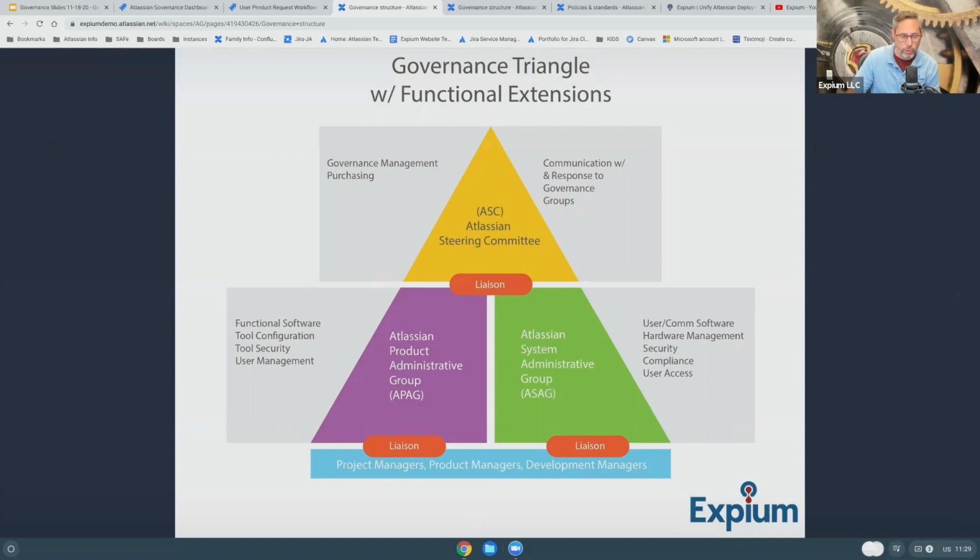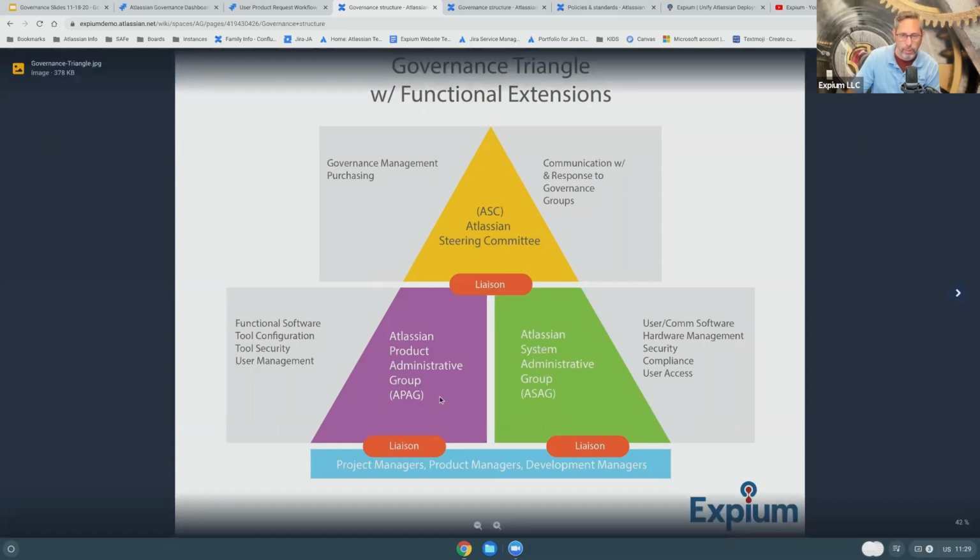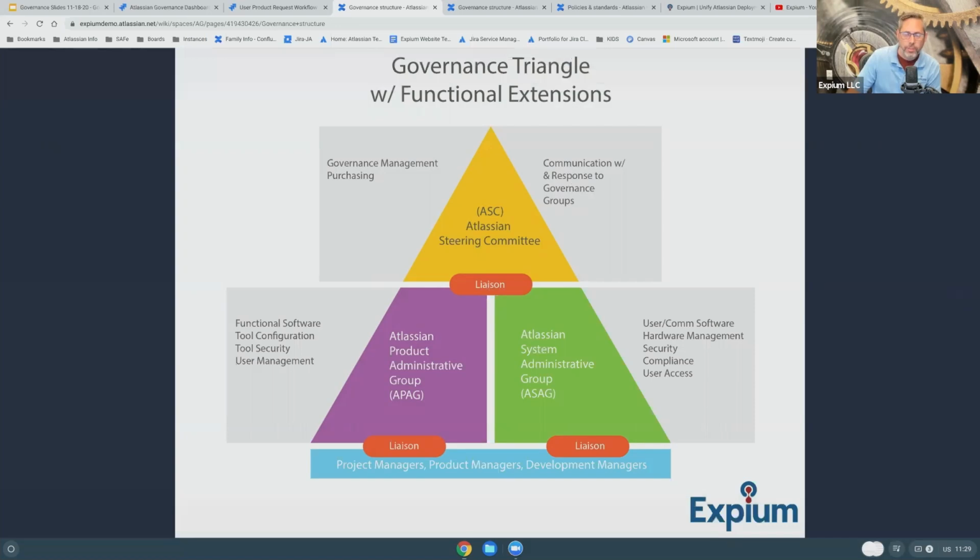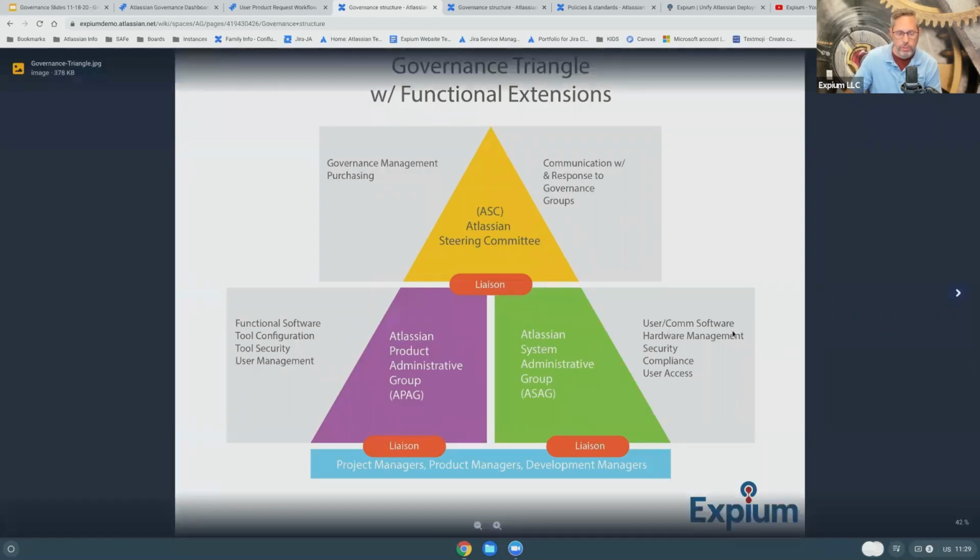The next level down is going to be your practical governance groups. We break that up into 2 groups, the system admin group and the product admin group. The definition between the 2 groups is really between your Atlassian products and the platforms on which those products reside. So let's say you are managing an on-prem data center platform of Atlassian that is being hosted on Amazon Web Services. Things like user and communication software, hardware management, security, compliance, and user access will be governed by the system admin group.